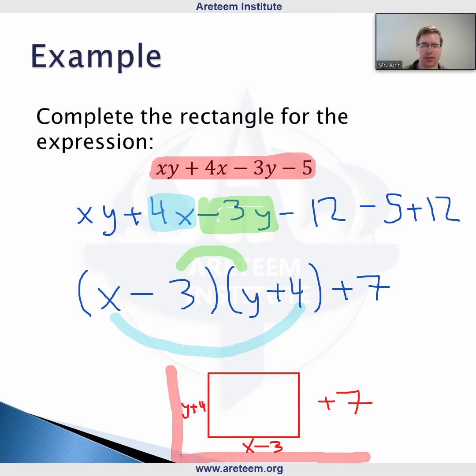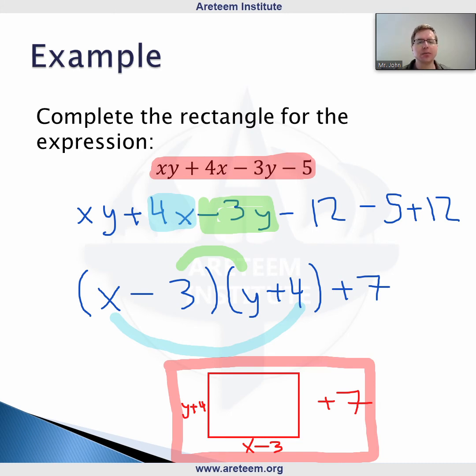The area of this rectangle plus 7 gives us xy plus 4x minus 3y minus 5. So this is this idea of completing the rectangle. We're saying xy plus 4x minus 3y minus 5 is equal to the quantity x minus 3 times y plus 4, plus 7 in this case.